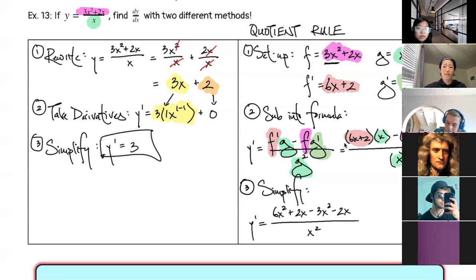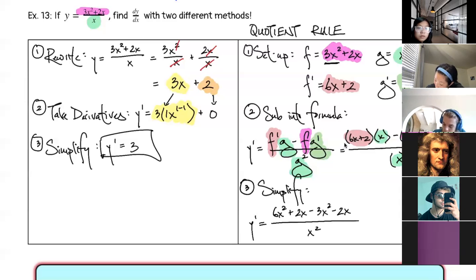And I care a little bit less about the simplifying for quotient rule. Okay, so there are some other resources out there that really want you to simplify a ton for quotient rule. That's not my general philosophy because usually we use quotient rule. It's not as important to simplify, okay?